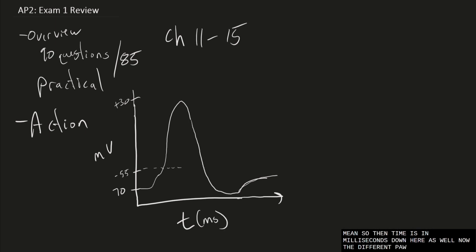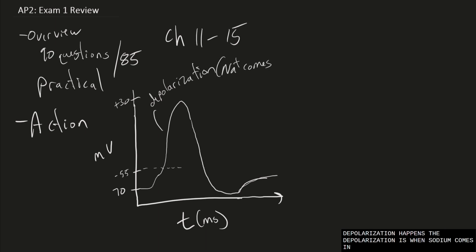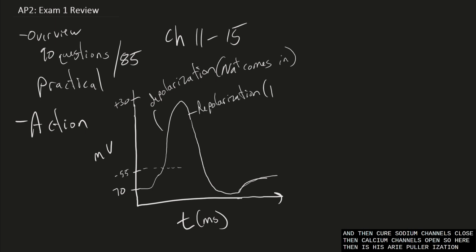Now, the different parts of this. This is when depolarization happens. Depolarization is when sodium comes in, so sodium channels are open. Then here, sodium channels close, and potassium channels open. Here then is repolarization.